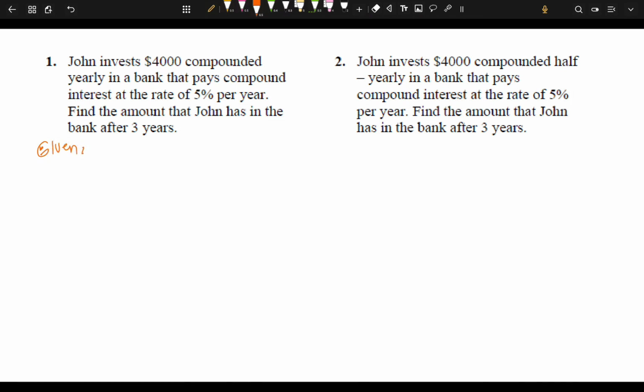We have the principal, natin ay equal sa $4,000.